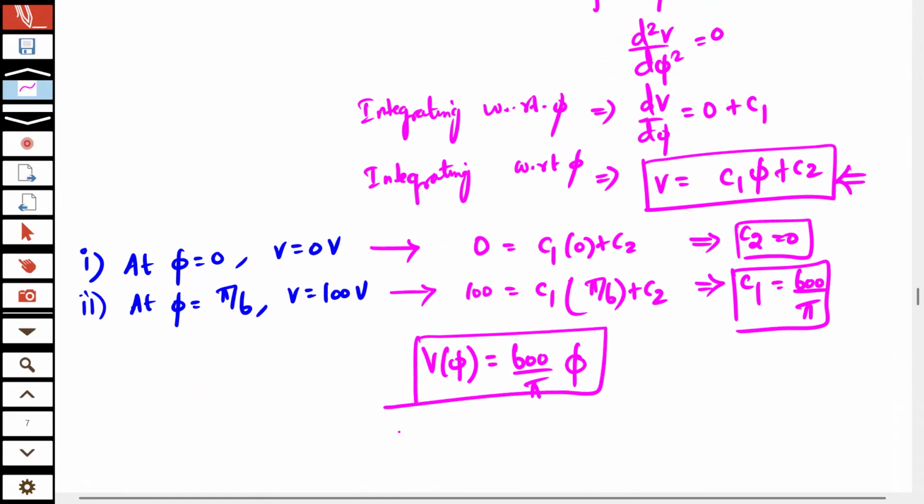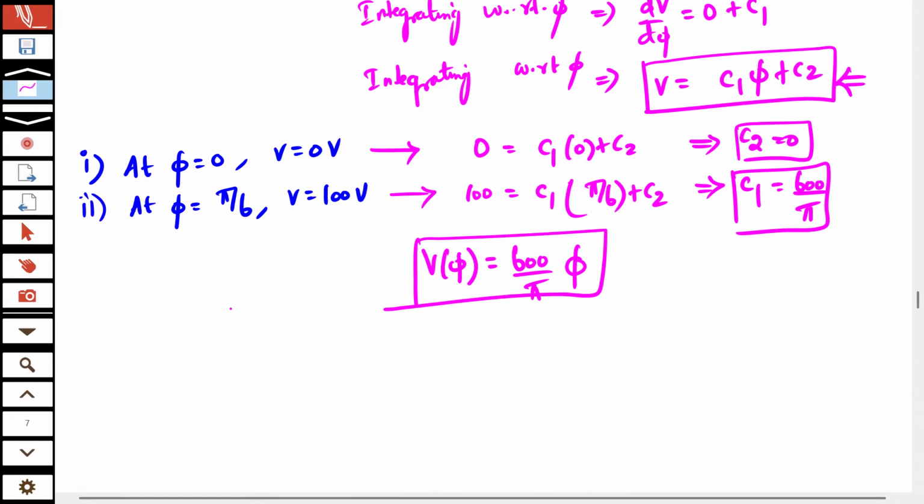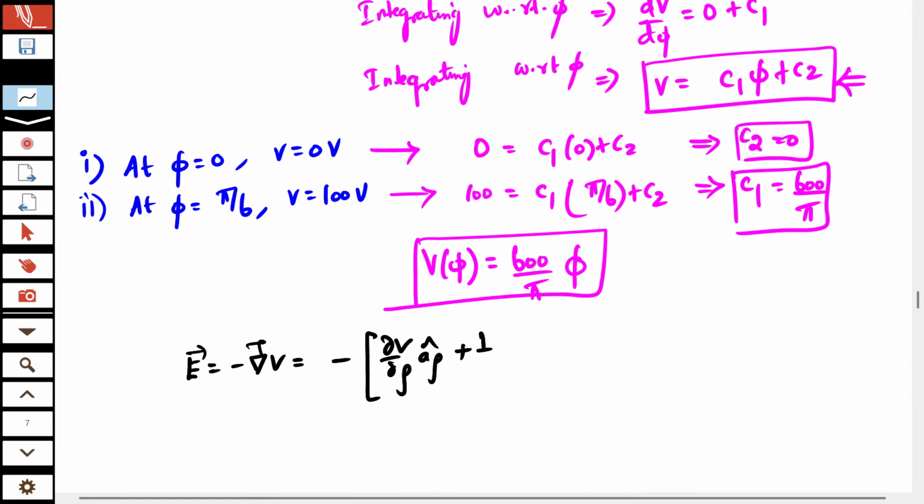Now we should find electric field intensity. We know electric field intensity is minus del V, that is negative gradient of potential. So the gradient formula in cylindrical system is written as dou V by dou rho A rho cap plus 1 by rho dou V by dou phi A phi cap plus dou V by dou Z A Z cap.